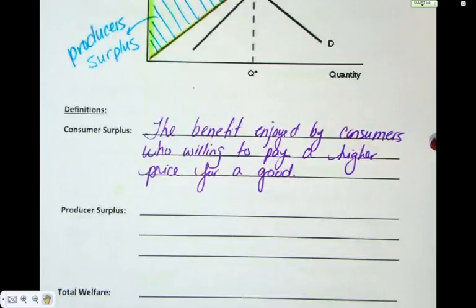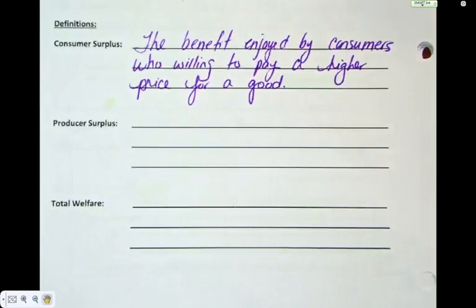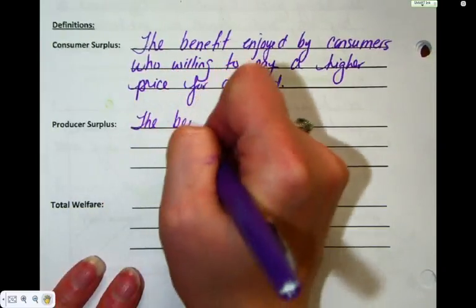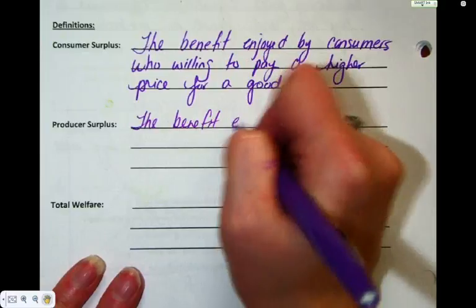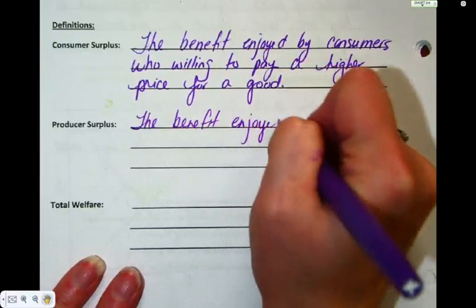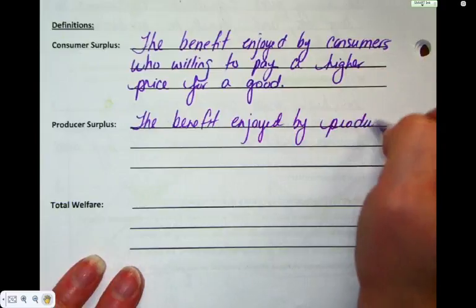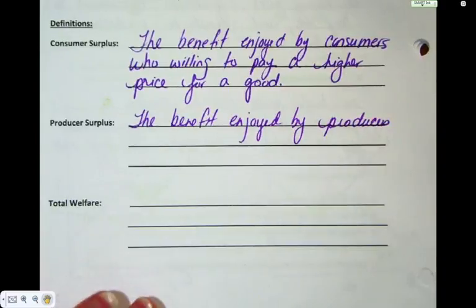Okay. Producer surplus. Anybody want to guess on a definition or try to word one from that one? What do you think it might start with? Ooh, good guess. Not quite.